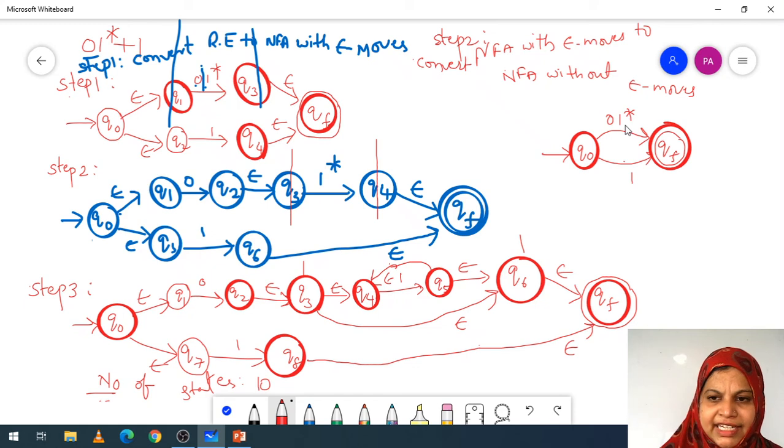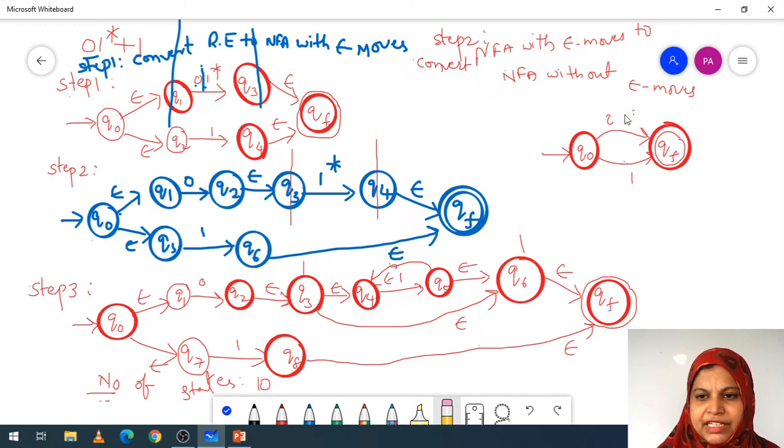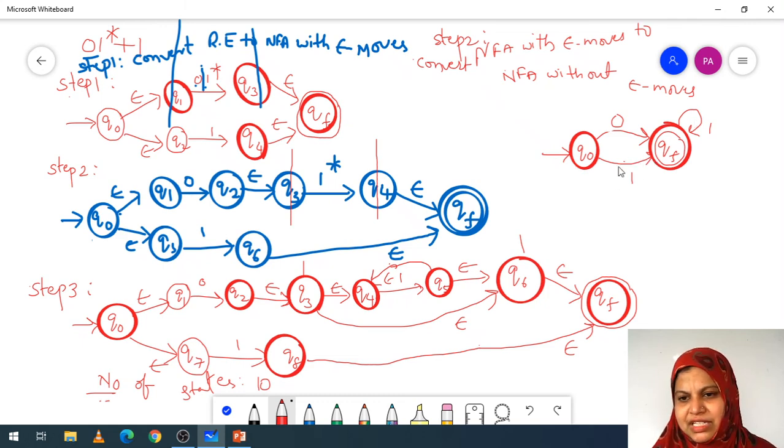Again this is the concatenation. 1 star means closure, so instead of writing 1 star here, we can write 0 1 star, 0 from 1 again 1 star. This is the NFA without epsilon moves.